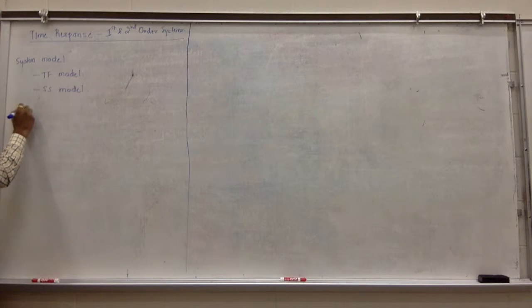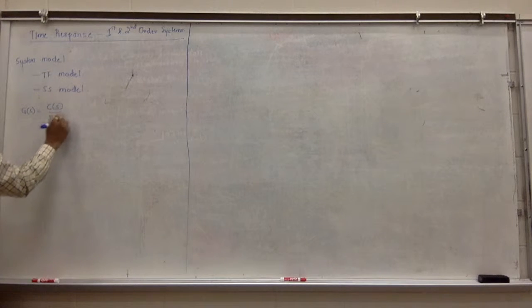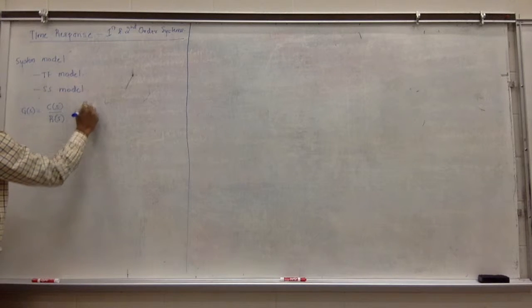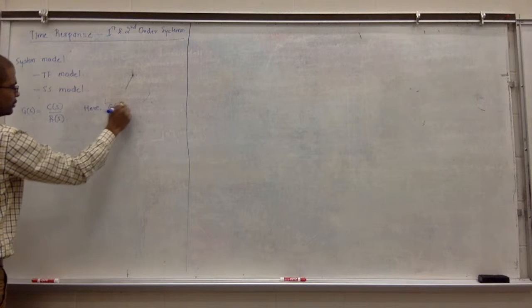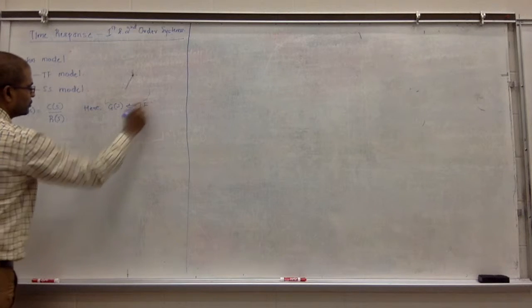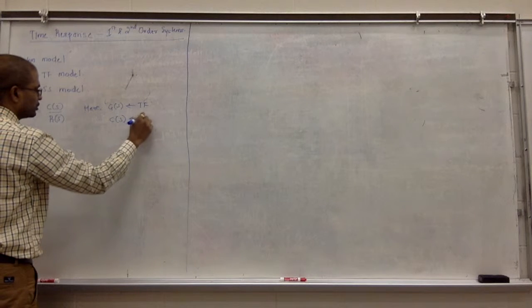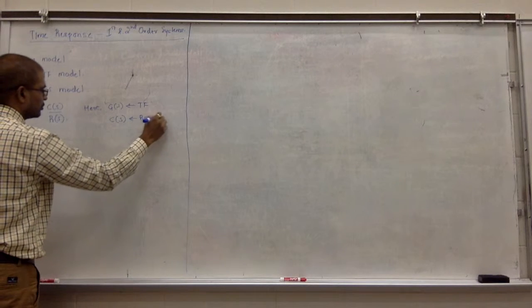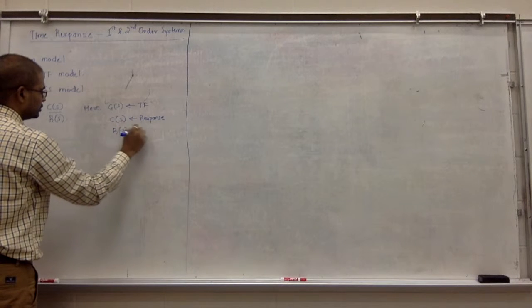So if you look at what is transfer function, generally you use this G of S is equal to C of S divided by R of S, right? Here, G of S is transfer function, C of S is the response, and R of S is the input.